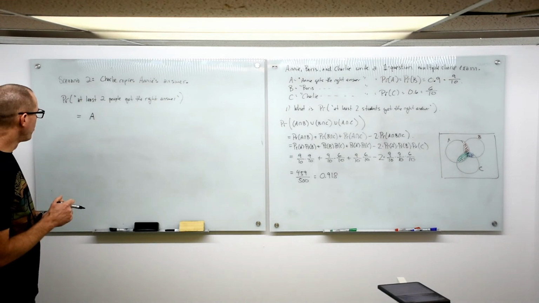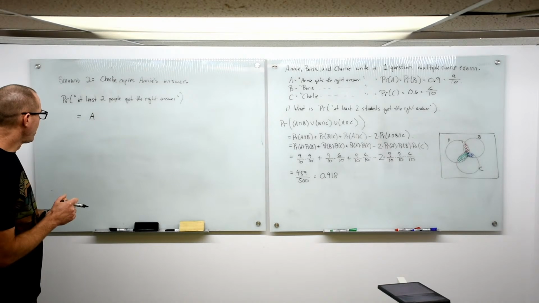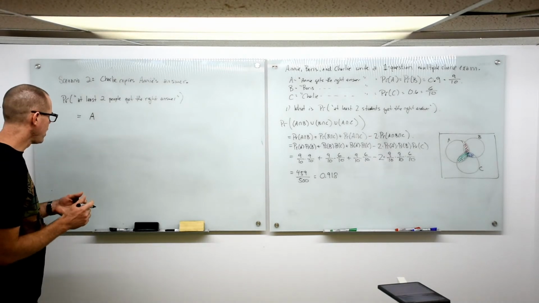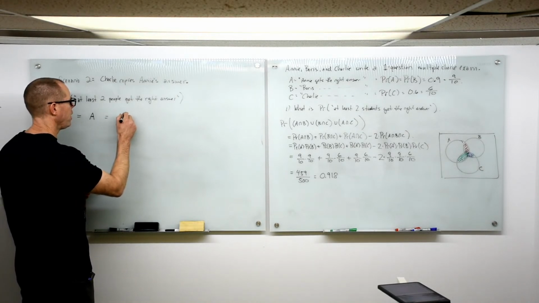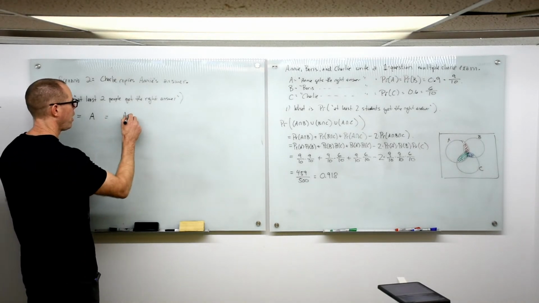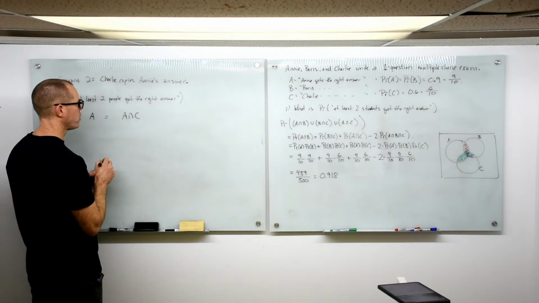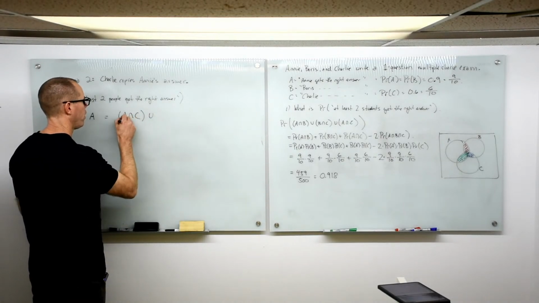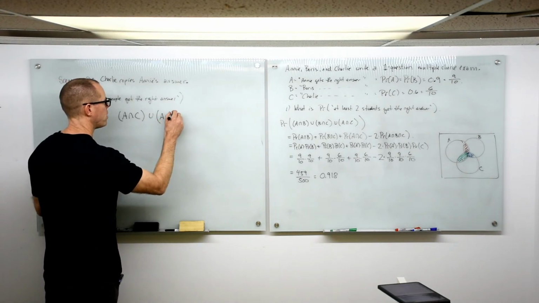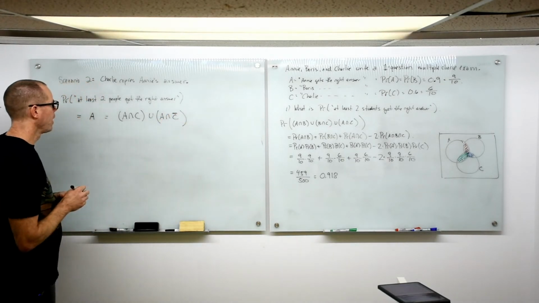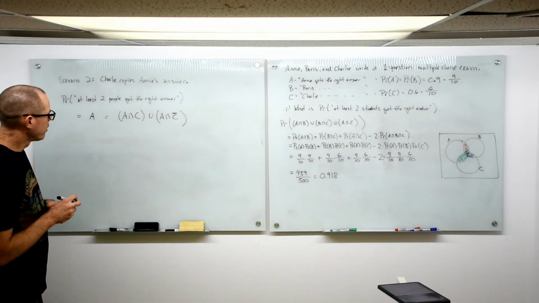I don't know what more to do other than to say, well, that's the same thing as saying Annie gets the right answer and Charlie gets the right answer, or Annie gets the right answer and Charlie gets the wrong answer, right?